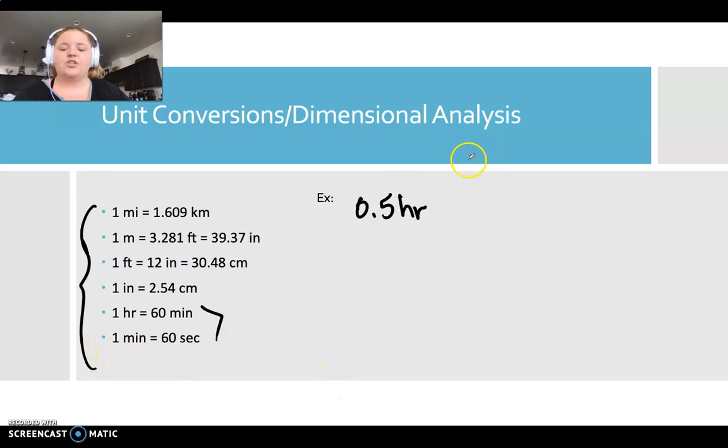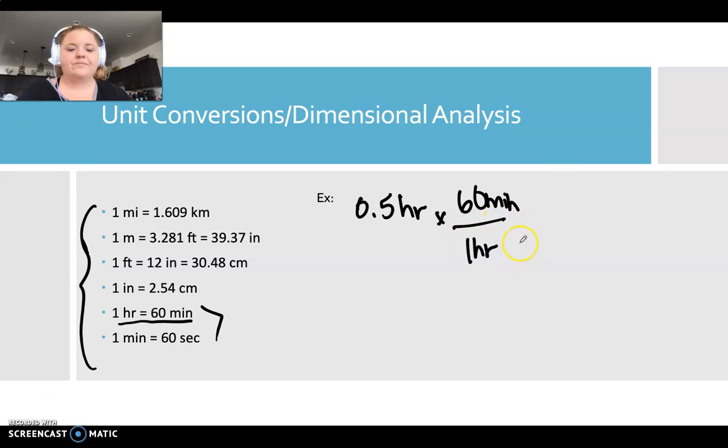I'm going to take the conversion between hours and minutes, the first one here, and use that to see how long in minutes I need to cook this food. So there's 60 minutes in 1 hour. Sorry, my handwriting is a little sloppy, it's kind of hard to use these technologies.